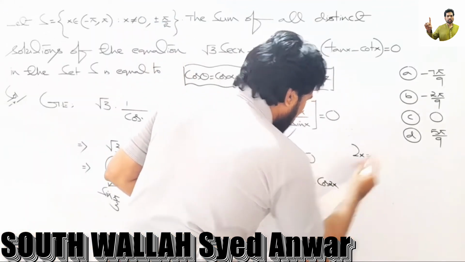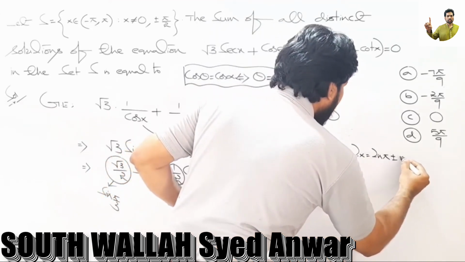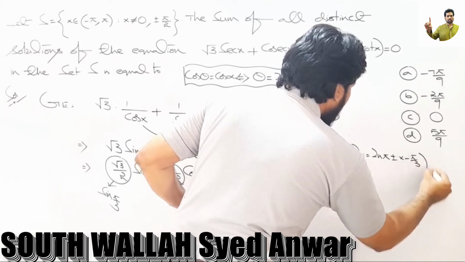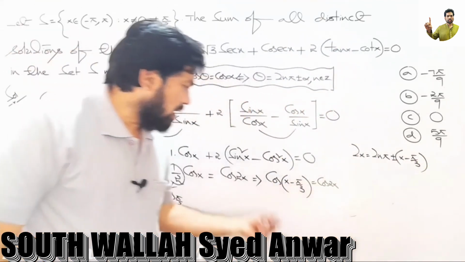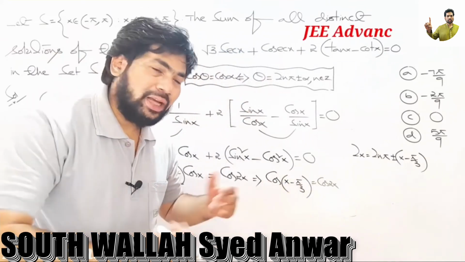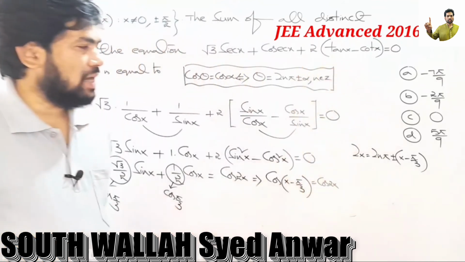Here 2x is equal to 2n pi plus or minus of x minus pi by 3. That means the 2x value I have taken like theta, and x minus pi by 3 I have taken like alpha. So theta is equal to 2n pi plus or minus alpha.